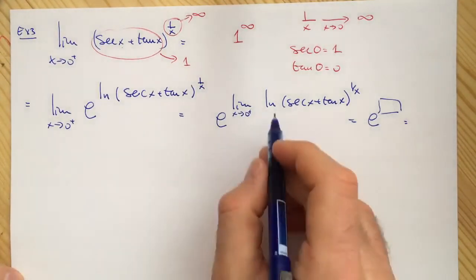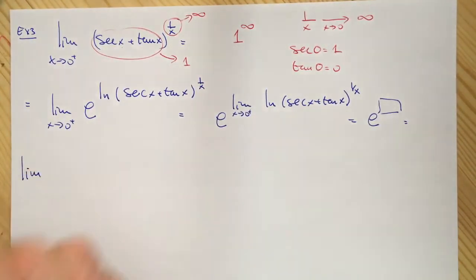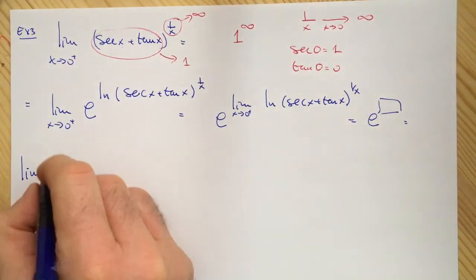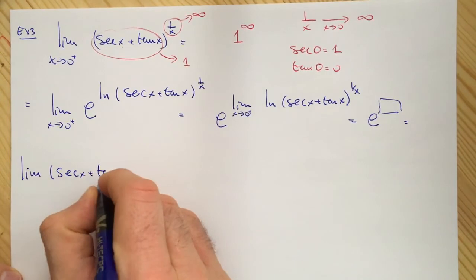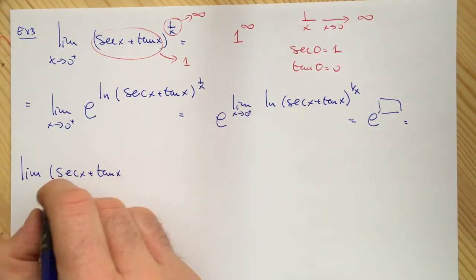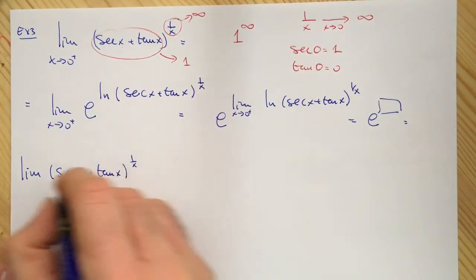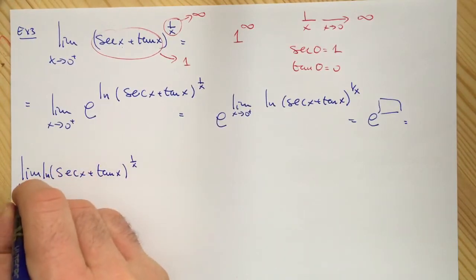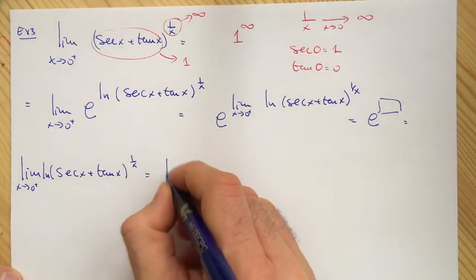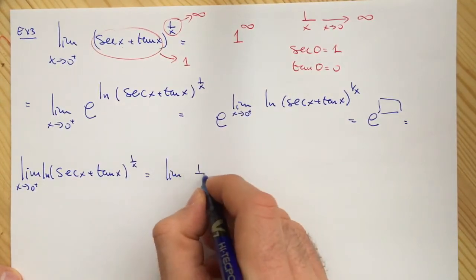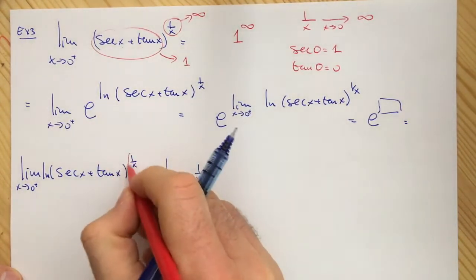But in order to do that, on the side, we will evaluate what this limit converges to. Secant of x plus tangent of x to the power of 1 over x. And here I forgot ln, the most important part. From properties of exponents, this can be written as 1 over x, right?